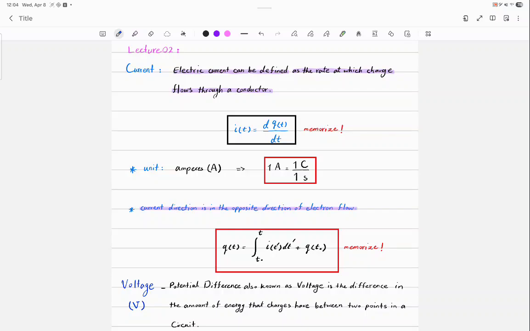For example, if the statement says Q of 0 is 5 coulomb, it means that your initial time is 0. Then your integral should be calculated from 0 to a point where you're interested in. For example, if they give you the value at 0 and they ask you the value at 5, the integral should be calculated from 0 to 5 plus the value at 0. Okay?